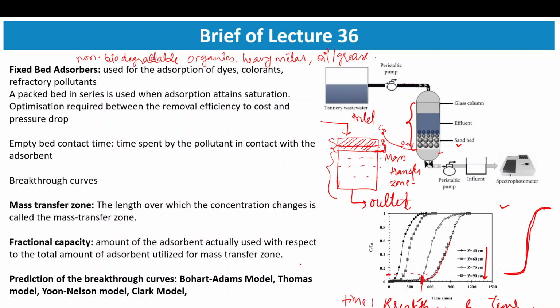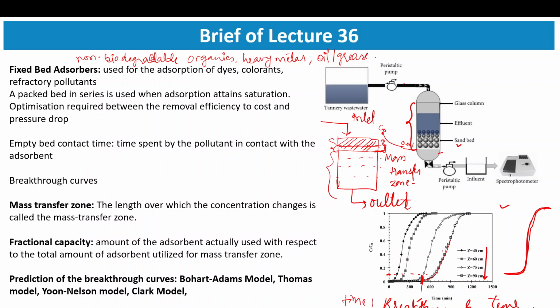And as the non-ideality increases, the S can have more width. This width, the spreadness of the S curve, also depends on the depth, for example, and the flow rate, and also the inlet concentration.